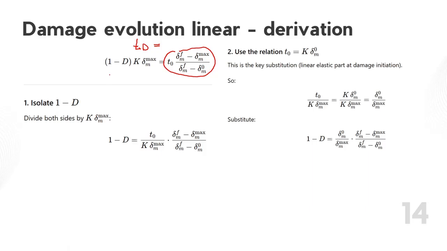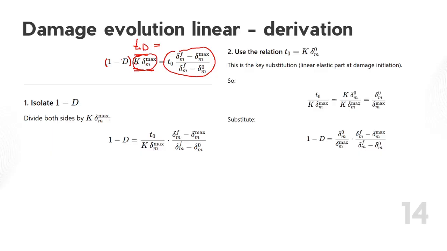In the other form, you can describe this T damage as K times delta m max. So once I express this T damage with the elastic stiffness and this delta m max, I put in front of it the 1 minus d.